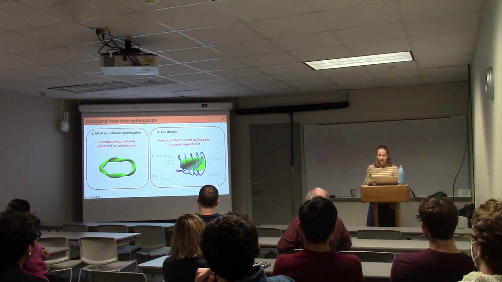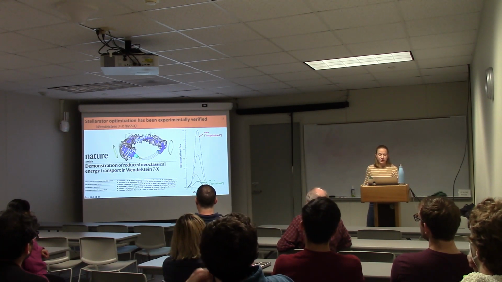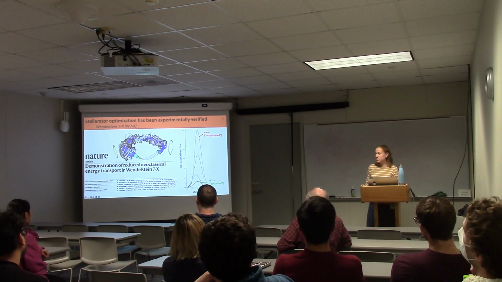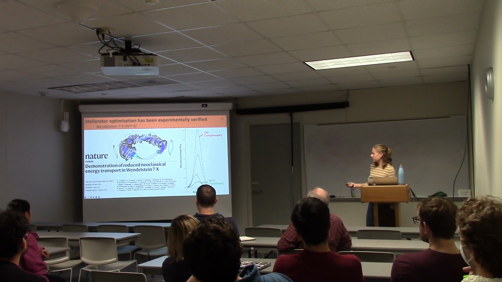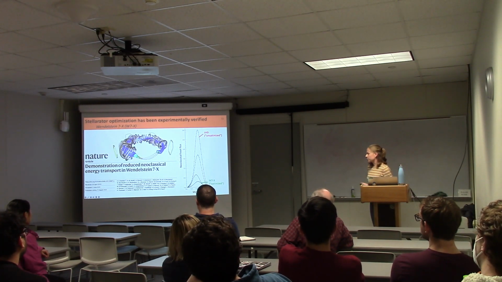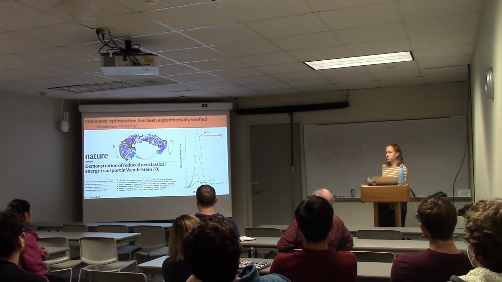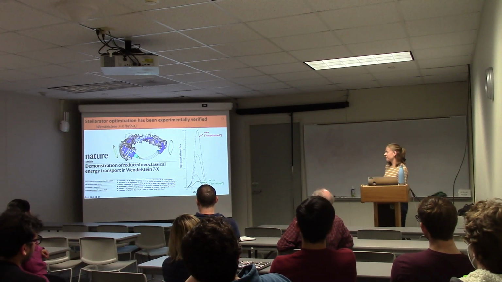So we now have evidence that this two-stage approach actually works. The best evidence for this is the W7-X device that I mentioned earlier. It was designed in the 90s, but it just came online in 2015. They've now been able to actually demonstrate the reduction in the transport that is associated with the optimization of the magnetic field.